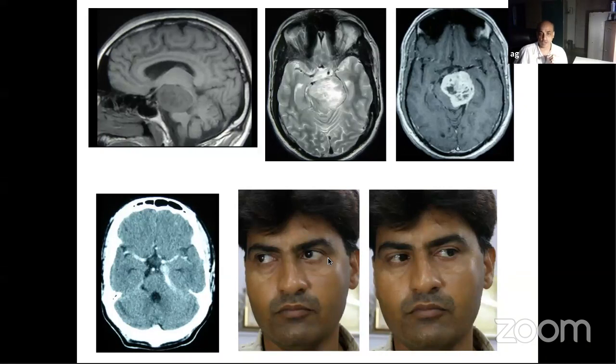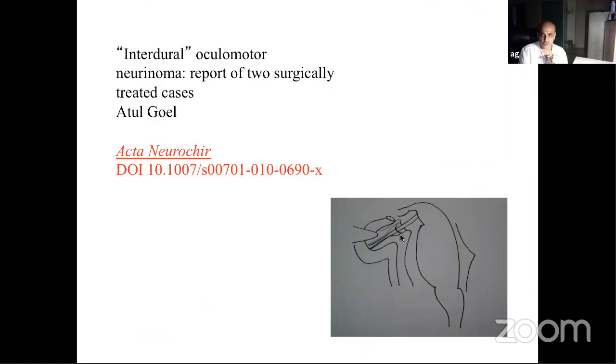So our article was the first in the literature which showed that the trigeminal nerve neurinoma arises within the Meckel's cave, and my article is the first in the literature which shows that the oculomotor or the third nerve neurinoma arises within the oculomotor cistern. The dura covers the dome of the tumor.